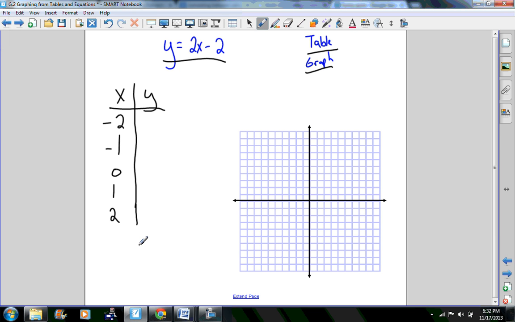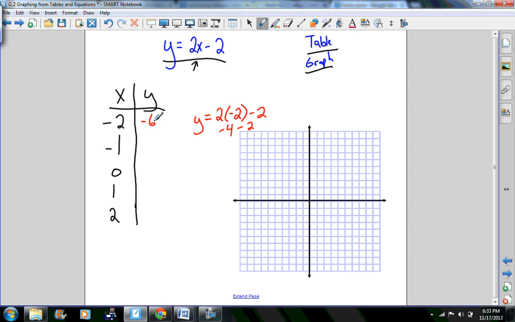Now, the way we make this table is we're just going to take this value of -2 and we're going to plug it in right there for that x, and we're going to do that 5 times. So I'll change colors here. So if I have y equals 2 times -2 minus 2, and we use order of operations, which means we do 2 times -2, which is -4. -4 minus 2 should be a -6.